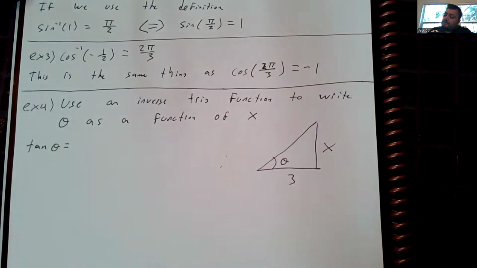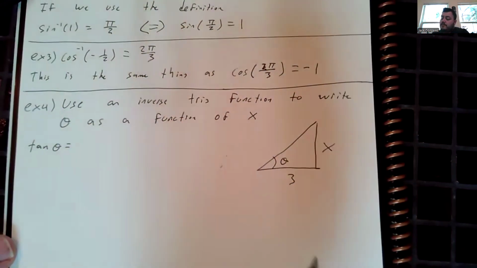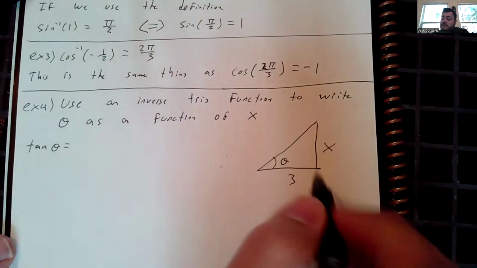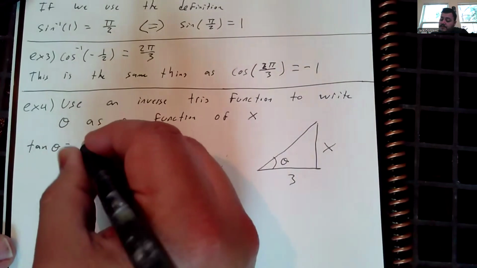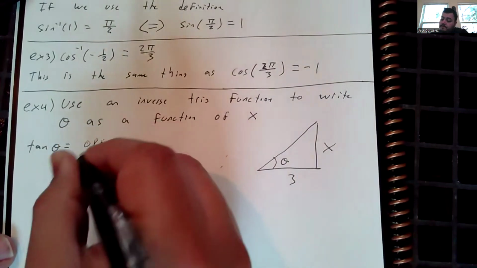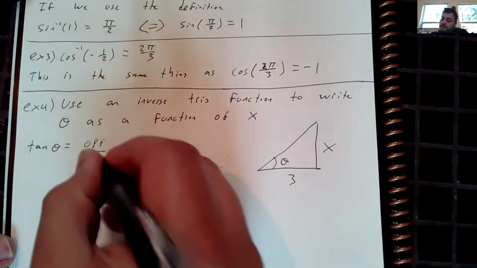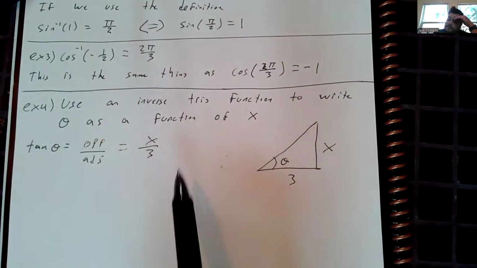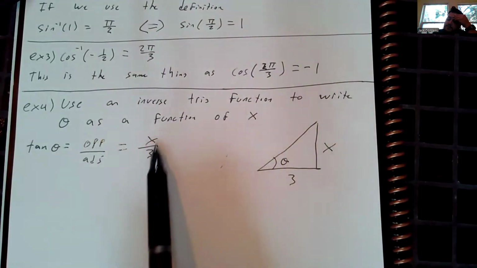They want us to write theta as a function of x. Since I have opposite and adjacent, I'm going to use tangent, which is equal to x over 3.